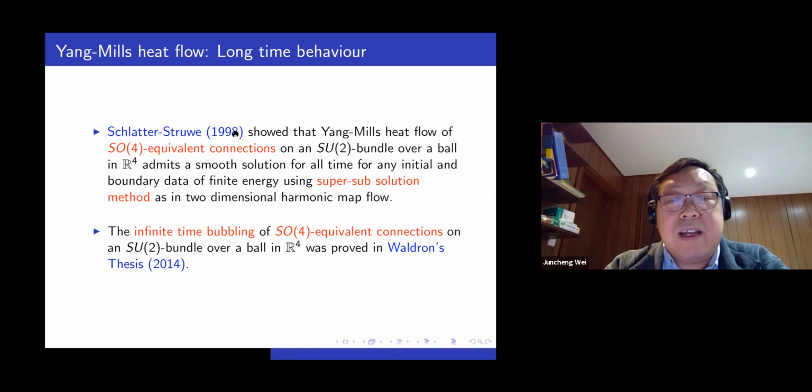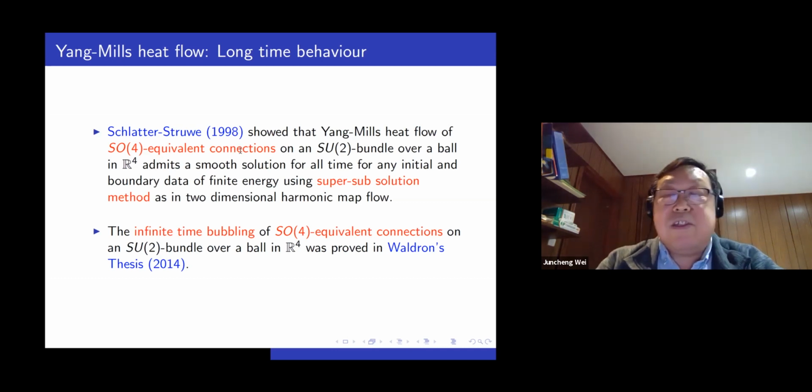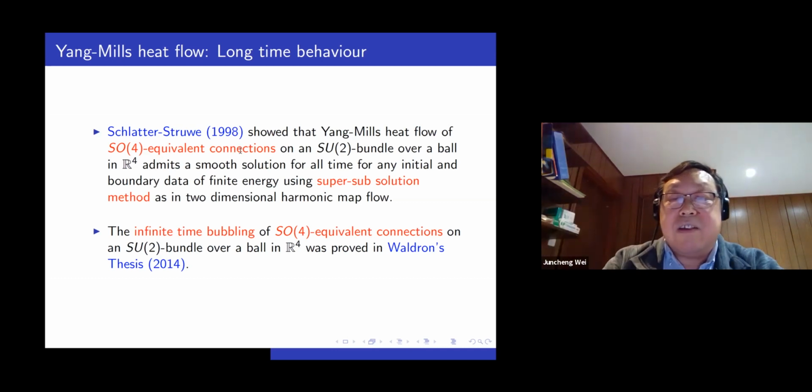Shinata and Wei in 1998 showed the Yang-Mills heat flow in the equivariant case, which you can reduce to a scalar equation in a ball, with a smooth solution for any time.